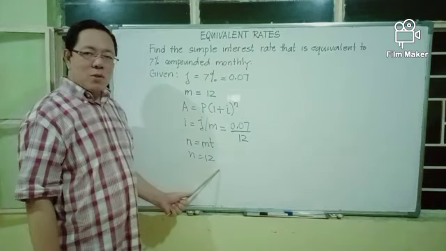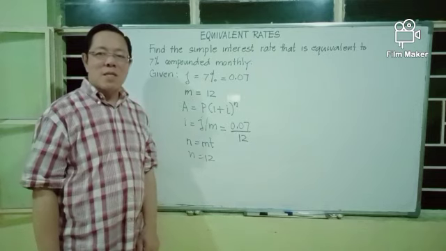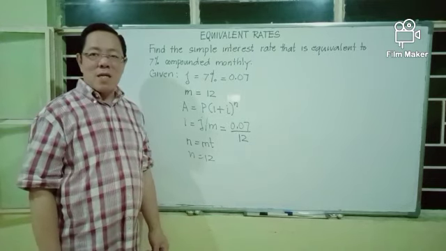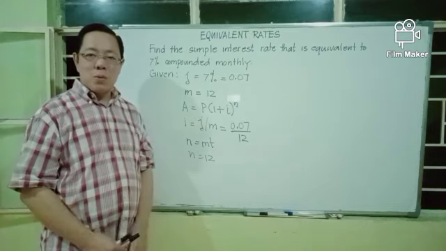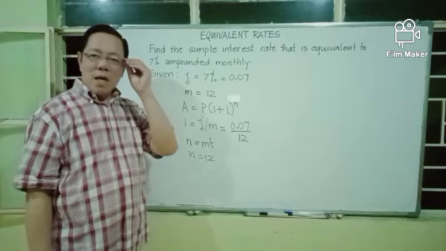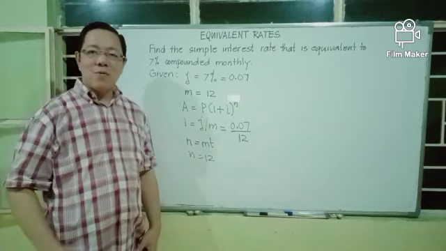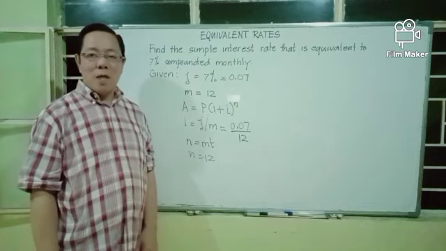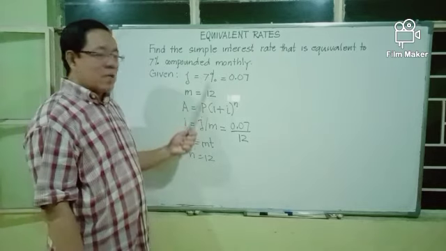But you notice in this particular problem, the time T is not given. If the time T is not given, you can assign any value to T. Any number of years would do, but the simplest is to assign 1 year to T. And that's what we will do in this problem.